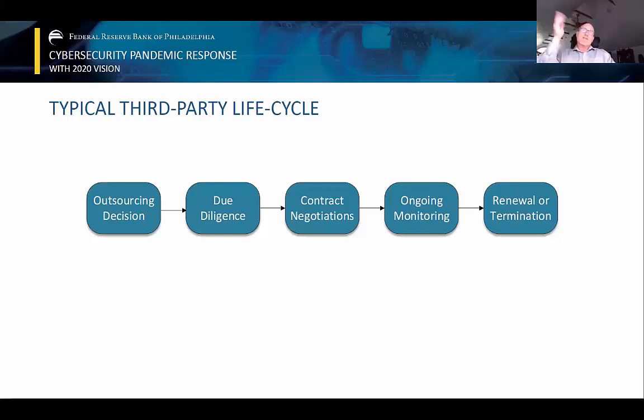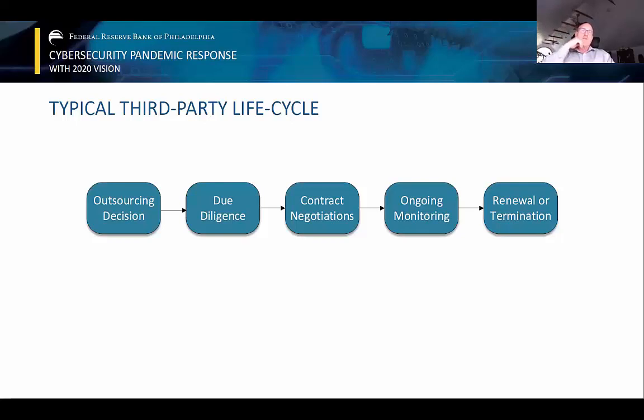Somewhere in this process, most organizations, having limited resources, can't do everything for all vendors. So there's typically some sort of risk management tiering process, with multiple tiers. Inherent risk profiling might be something your organization does to identify the riskiest vendors.